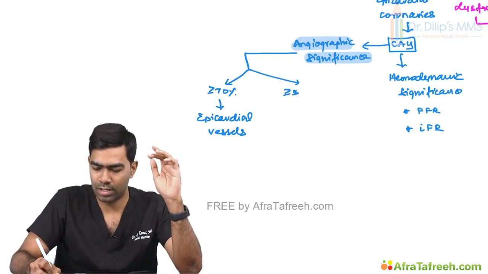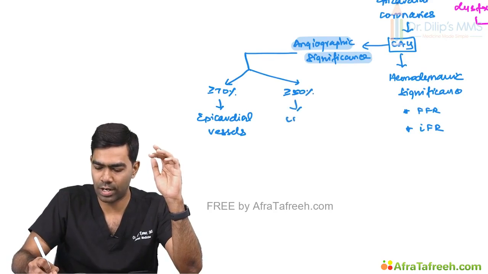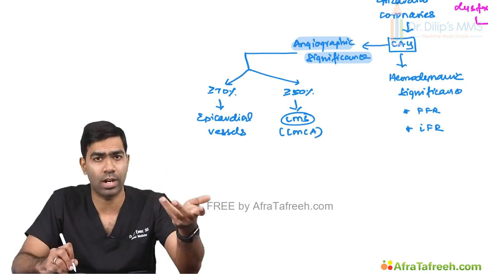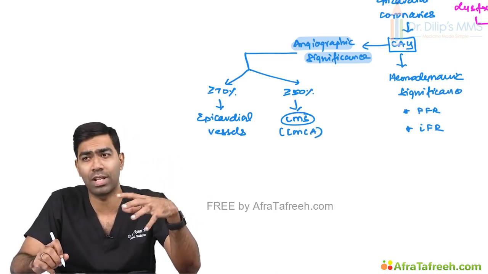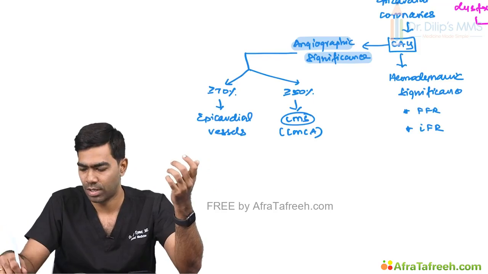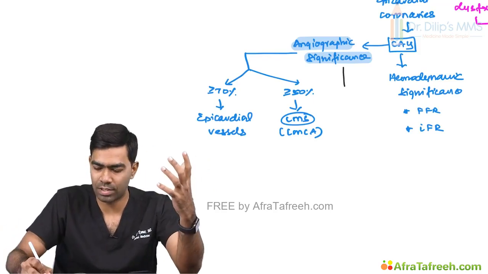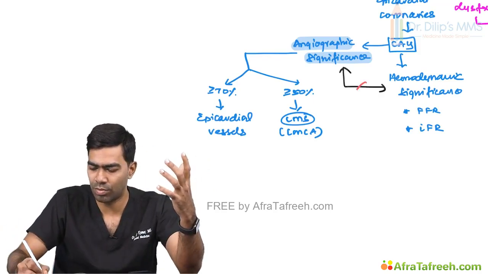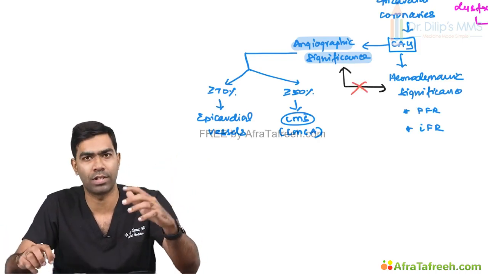Or if it is the left mainstem lesion, we call it LMS, or in other words the left main coronary artery, LMCA. If the LMCA stenosis is more than 50% in angiography, we call it an angiographically significant lesion. But remember, angiographic significance is not always equivalent to functional or hemodynamic significance.